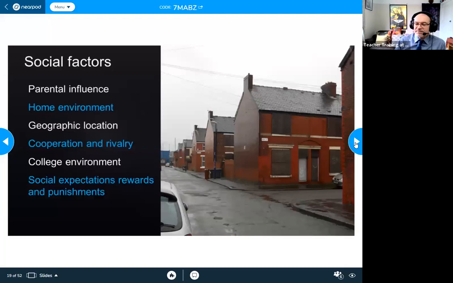Social factors. Please, as always, leap in if you've got any thoughts or comments on any of them. Geographic location can have a huge influence on the expectations of learners.